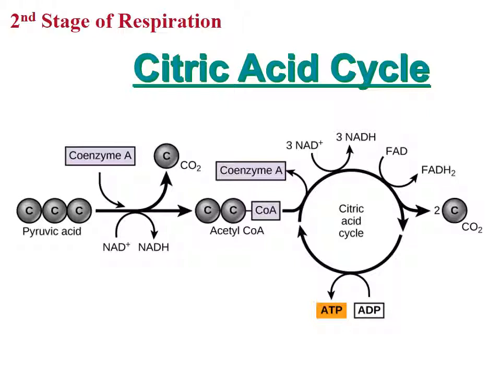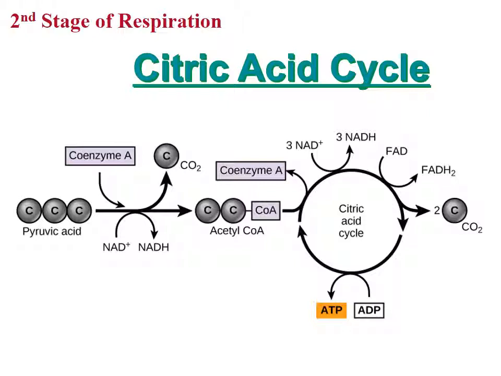So what happens is one of the carbons is lopped off and actually is then a byproduct of cellular respiration in the form of carbon dioxide. So, important points. Carbon dioxide is given off when pyruvic acid or pyruvate is converted to acetyl-CoA.